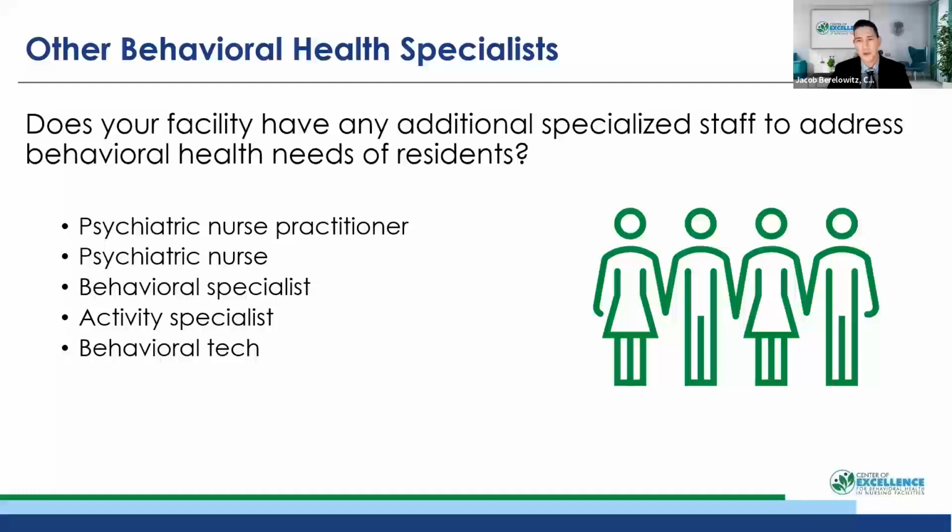And so think about whether you currently have something like this in your facility, or whether any of these particular positions or something else might make sense for your facility. For example, if you have 30 residents who have serious mental illness, that's what you've identified in step one, you might have a benefit from having one of these people on your team to help support your staff.